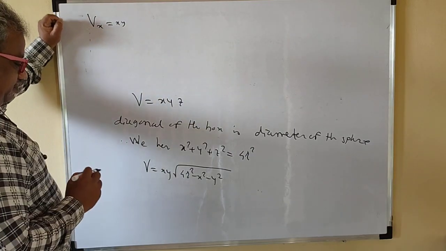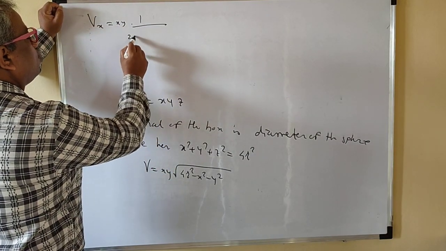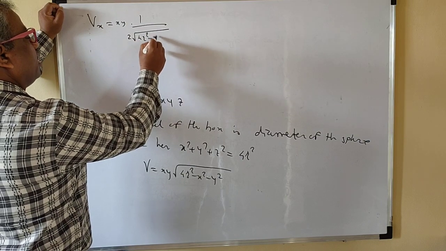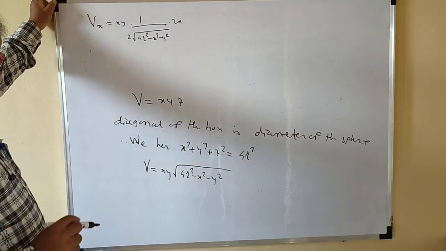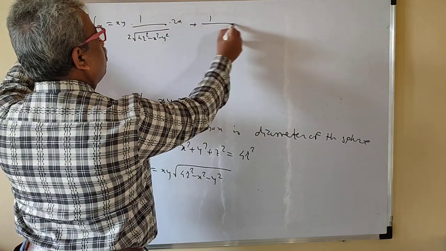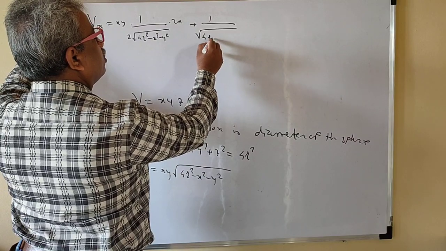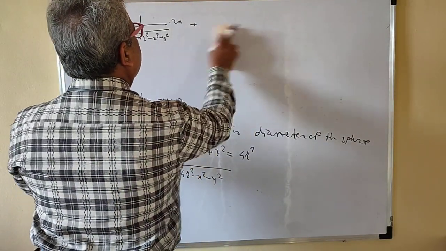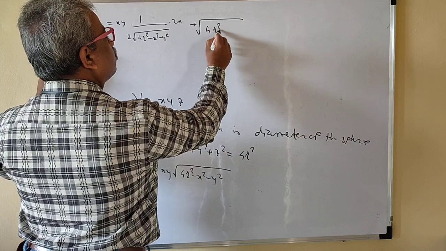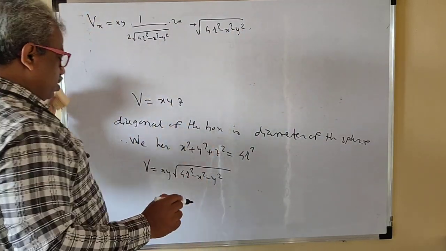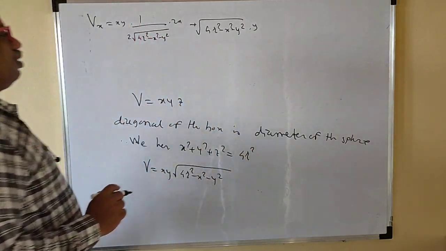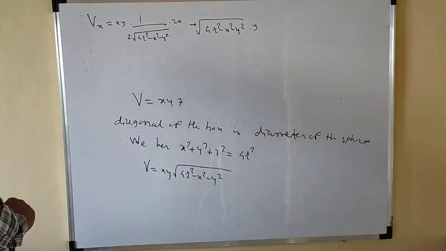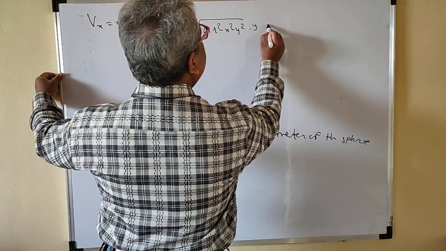So x, y as it is into the derivative of this, 1 upon 2 root of 4r square minus x square minus y square into twice x, plus 1 upon root of 4r square minus x square minus y square as it is into the derivative of xy, which is y. Okay. So now we'll simplify this.